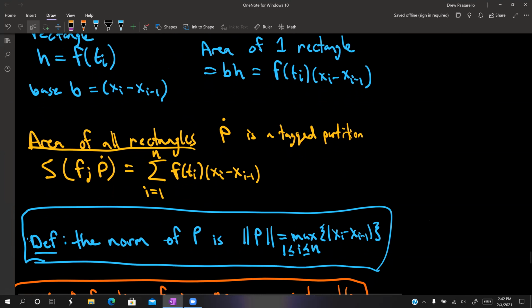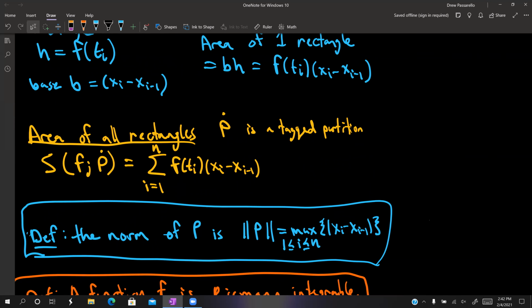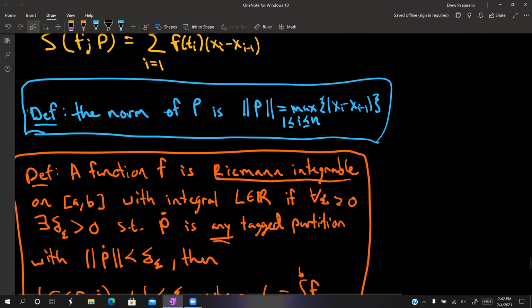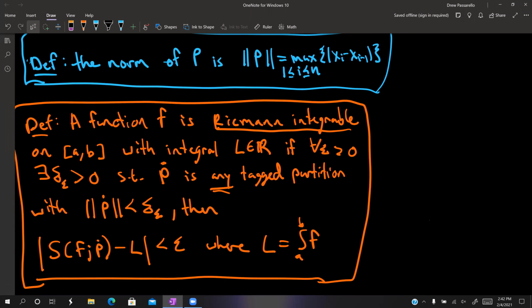You sum up these areas in that Riemann sum, and the norm is the length of the largest subinterval. A function is Riemann integrable with integral L if for all epsilon there exists a delta such that if P is any tagged partition with the norm less than delta, then the absolute value of the Riemann sum minus our integral L is less than epsilon, where L is the integral from a to b of f.